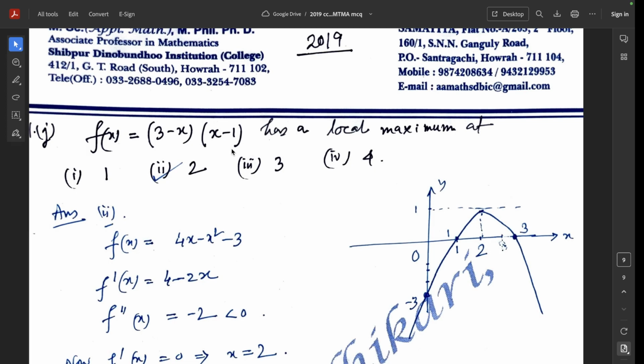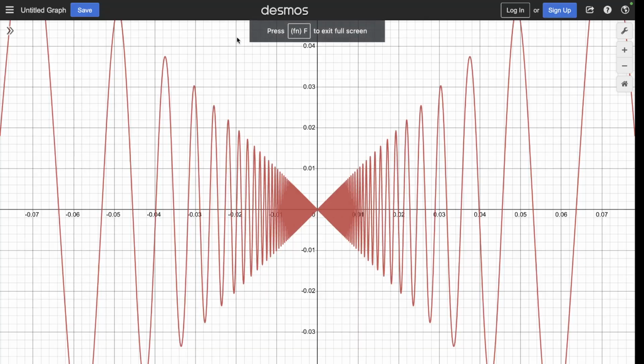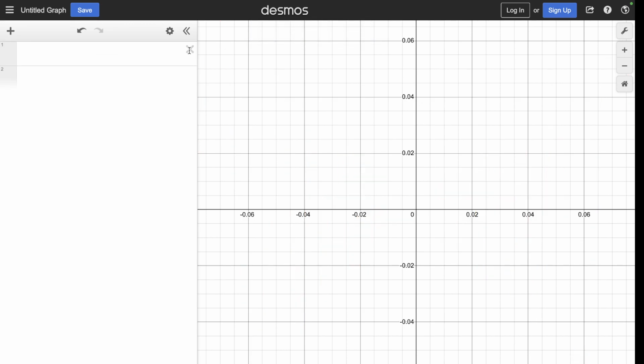Actually, this graph can be drawn from the Desmos app. This is bracket 3 minus x, bracket x minus 1.